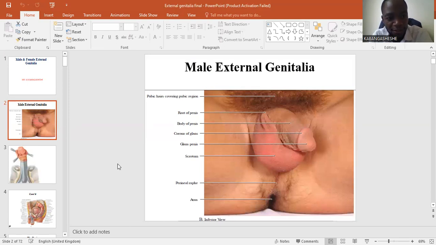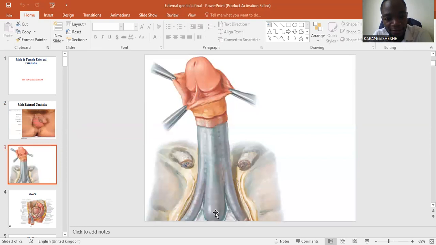Let's look at some detailed features of the penis. The penis has the following parts. The bulb, which you can see here, is the origin of the penis. Then there's a shaft, which is the midsection of the penis. Then there's the tip of the penis known as the glans penis.